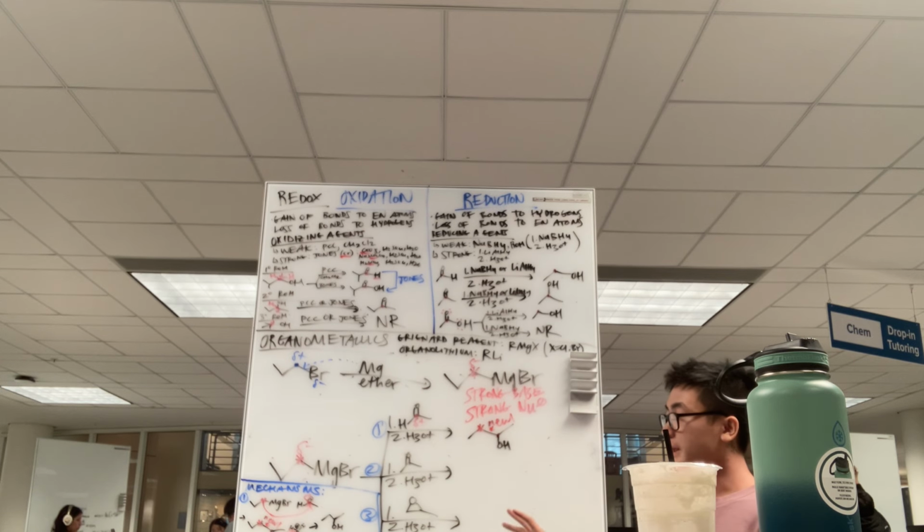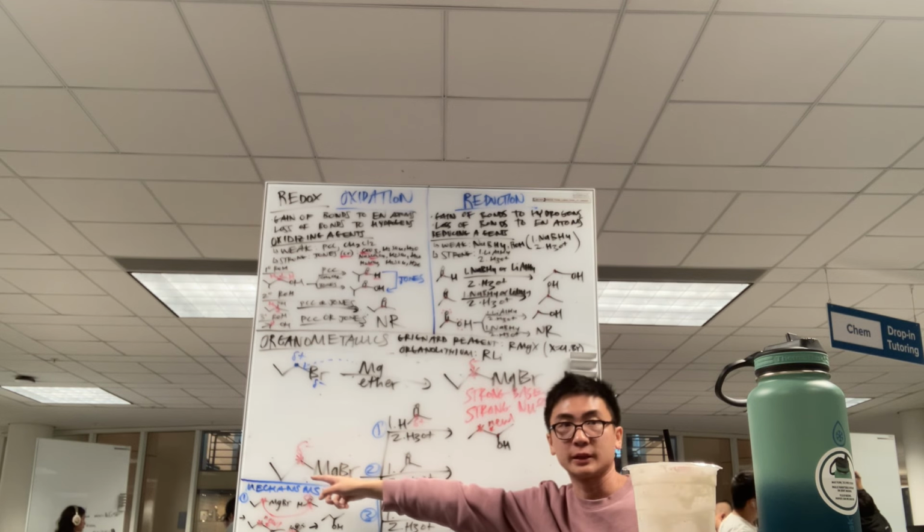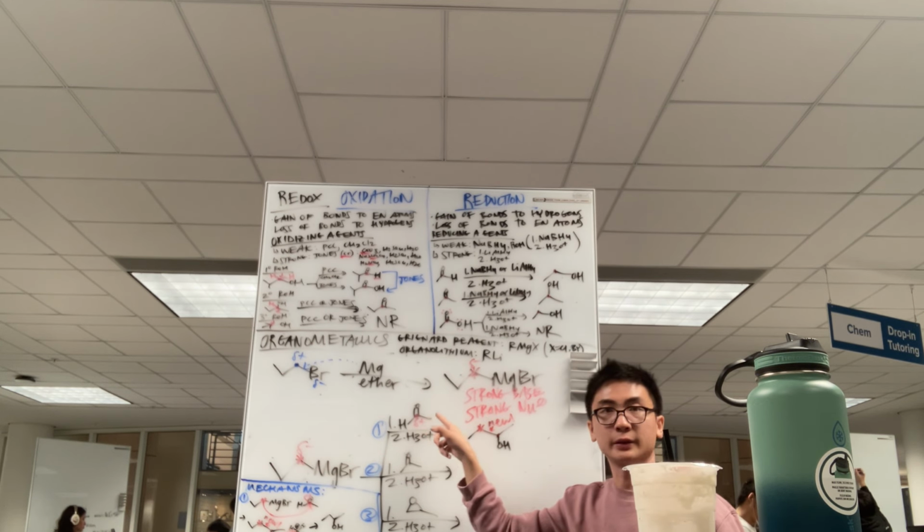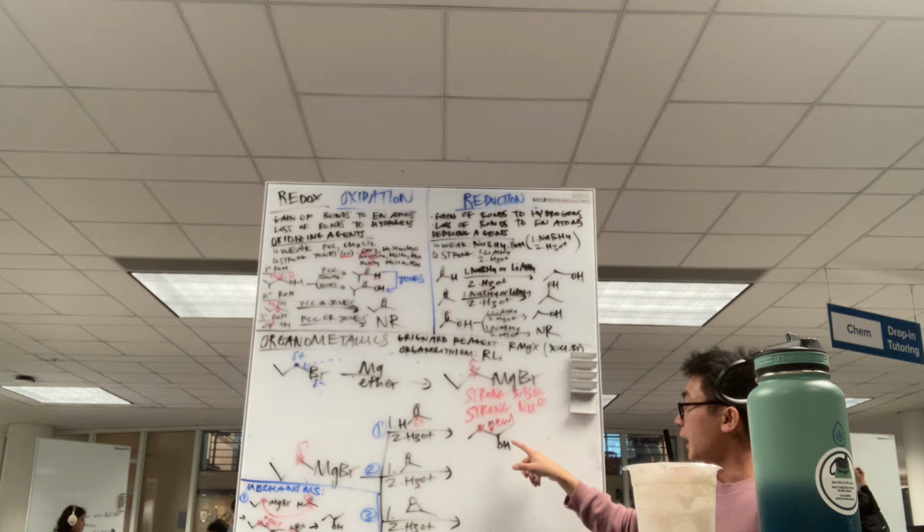Now, there is a way to quickly predict the product without doing the whole mechanism. You know how I starred the carbon directly attached to the MgBr and dotted the carbon with the carbonyl?